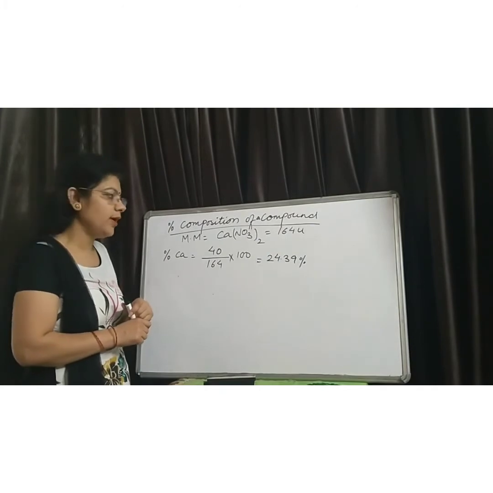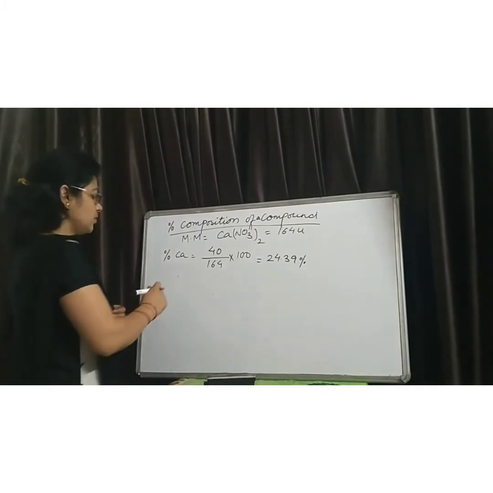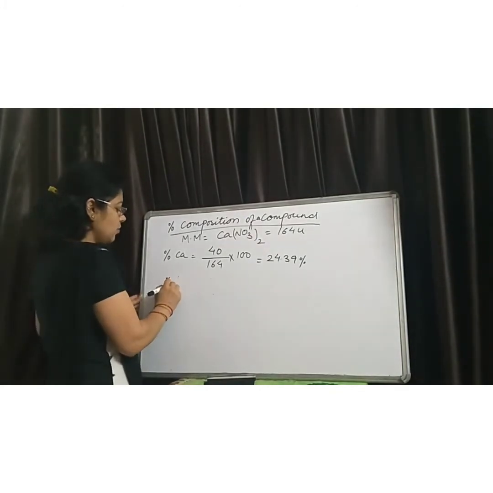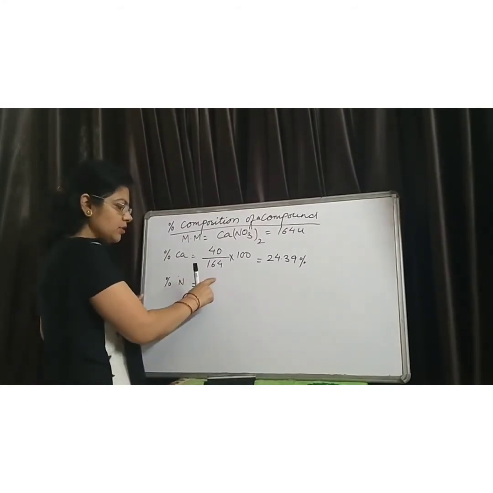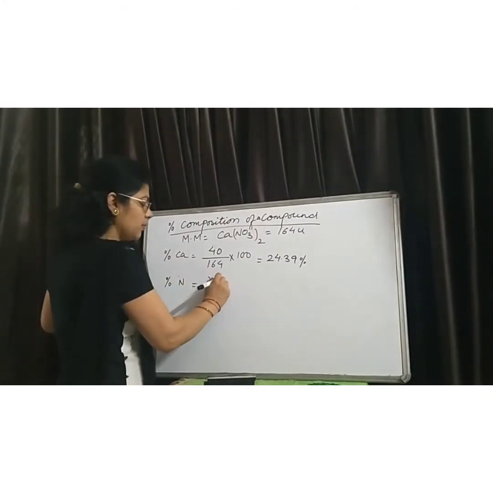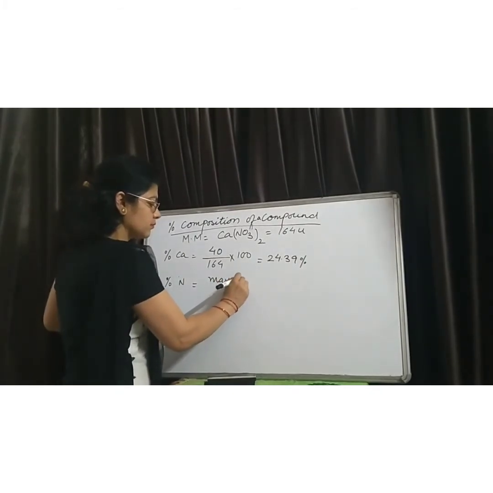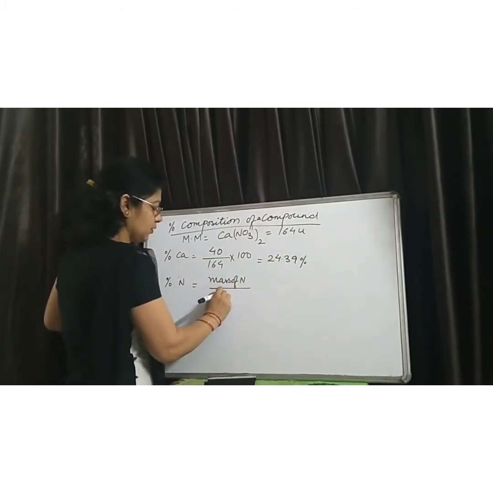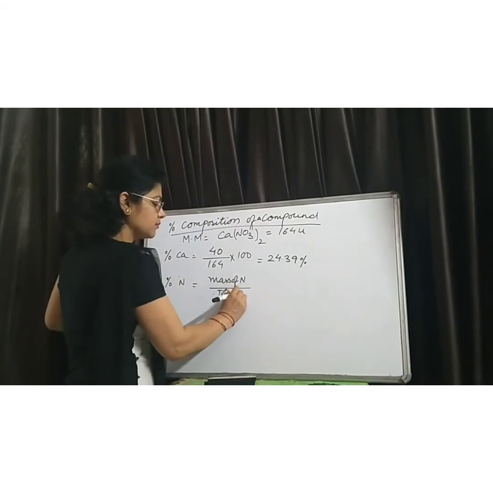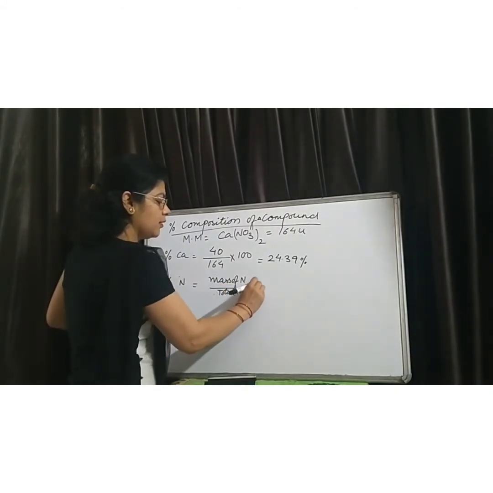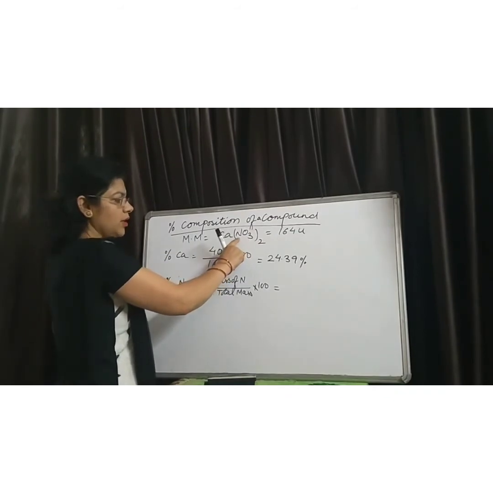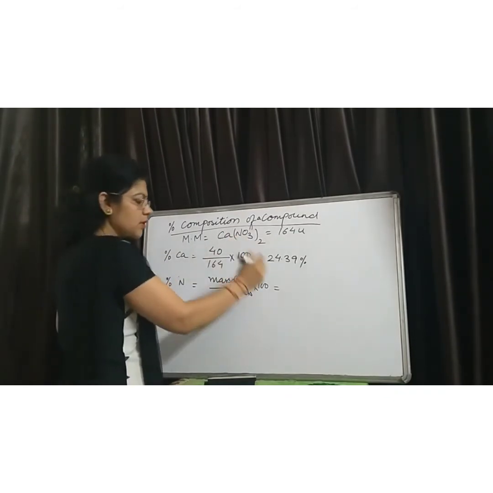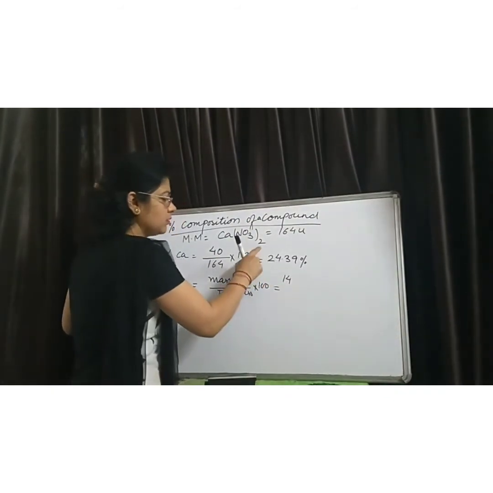The next atom is nitrogen. So we have to calculate the percentage of nitrogen. Percentage of nitrogen is mass of nitrogen divided by total mass or molecular mass, multiplied by 100. The mass of nitrogen is 14.